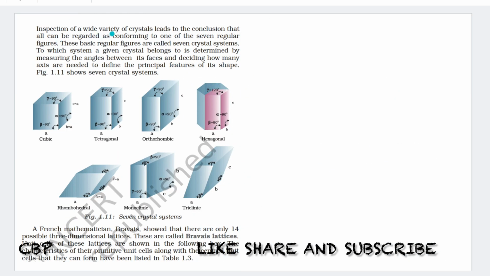Next, inspection of a wide variety of crystals leads to the conclusion that all can be regarded as conforming to one of 7 regular figures. These basic regular figures are known as the 7 crystal systems. And these are the seven crystal systems: cubic, tetragonal, orthorhombic, hexagonal, rhombohedral, monoclinic and triclinic.